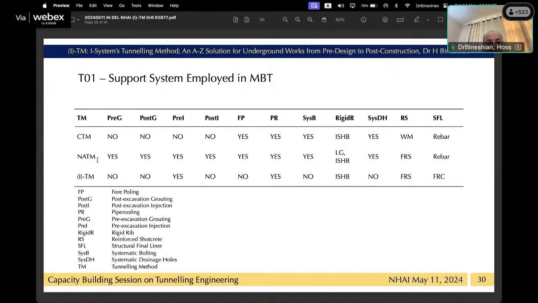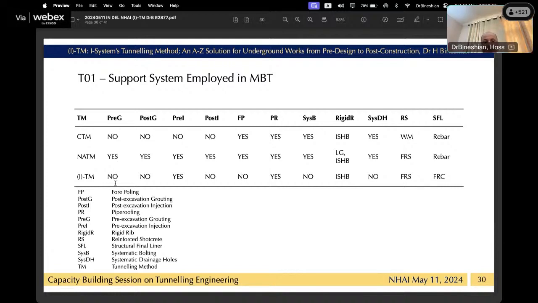NATM proposed pre-grouting, post-grouting, pre-injection, post-injection, four-poling, pipe-roofing, systematic bolting, use of LG together with ISHB, systematic drainage holes, fiber-reinforced shotcrete, and rebar-reinforced liner with no success.